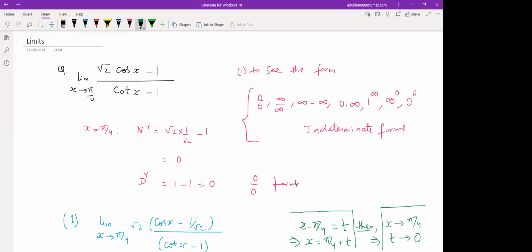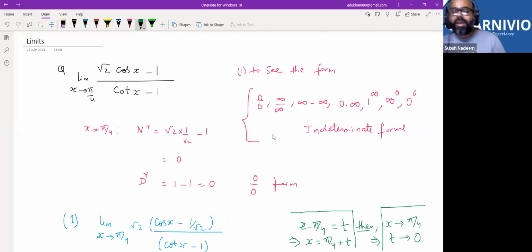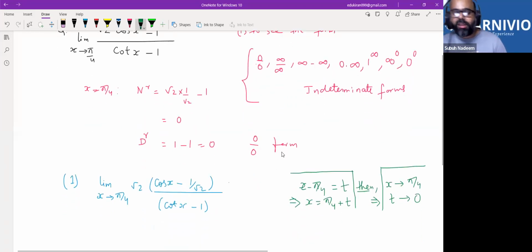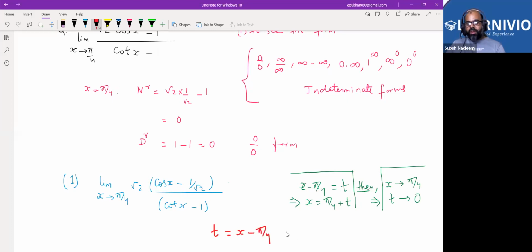Can you just explain this once more? Okay. What I have done here is, since x is approaching pi by 4, I am considering a variable t, and I am taking t as x minus pi by 4, which means that x is equal to t plus pi by 4.